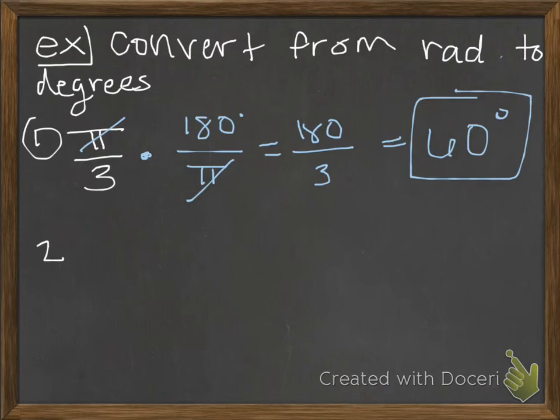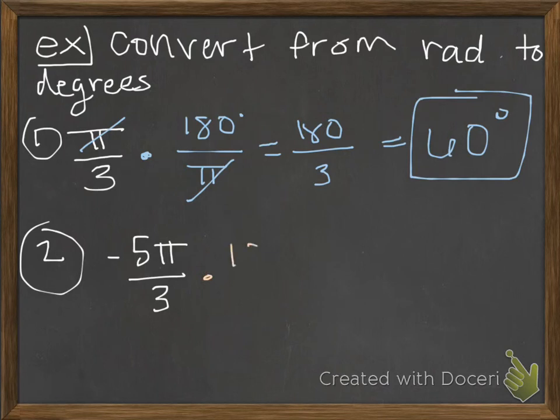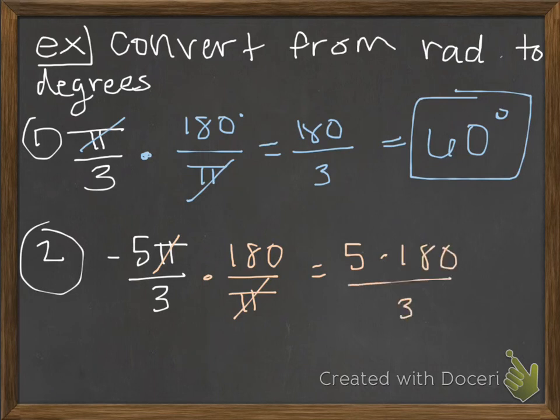Second example is negative 5 pi over 3. And just like you could have negative degrees, you can have negative radians. And I'm again going to multiply this one by 180 over pi. So the pi's are going to cancel. I have a pi in the bottom and I have a pi in the top. So now I'm dealing with 5 times 180 over 3.